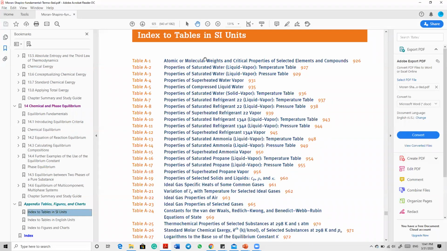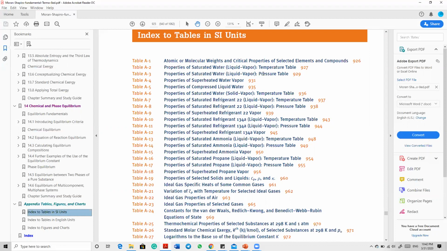Okay, SI units. What I have is water. At the first step, you look for the table of saturated water. Okay, here it is. Properties of saturated water, temperature table, and properties of saturated water, pressure table.